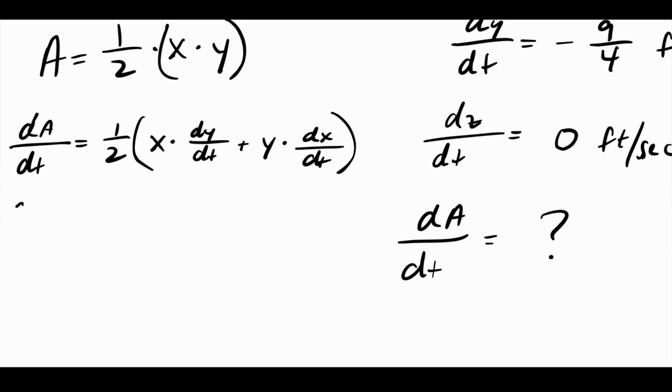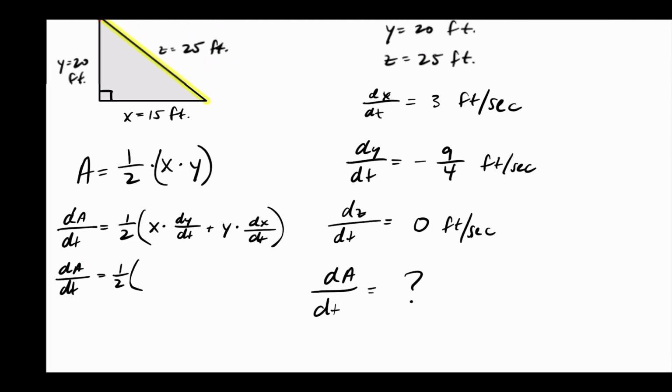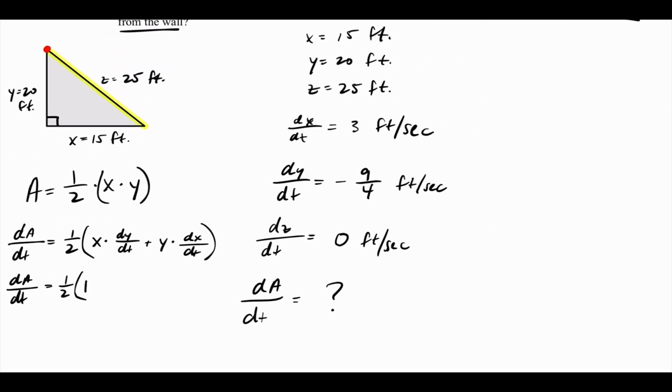I don't know d capital A over dt. I don't know that. So that one's still going to be there. So 1/2 times, I know x. x is 15. I know dy dt. That's negative 9/4. I know y, 20. And I know dx dt, 3.